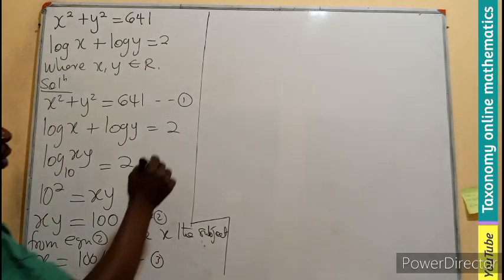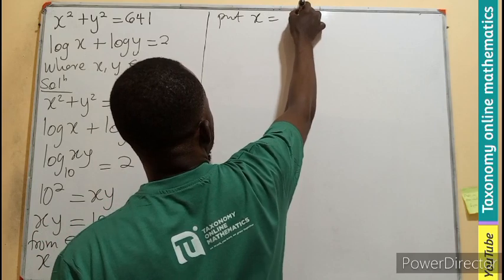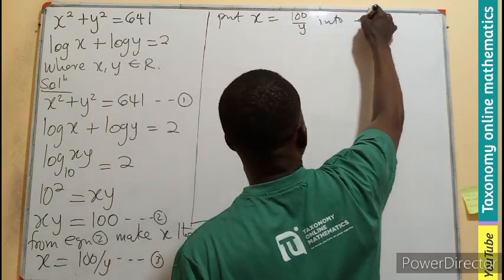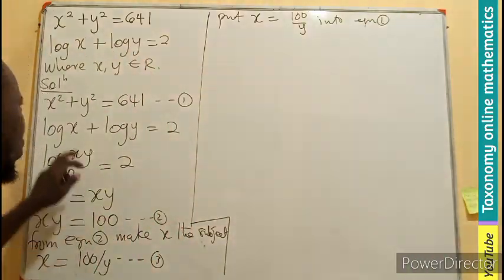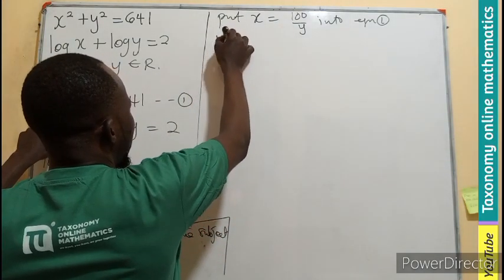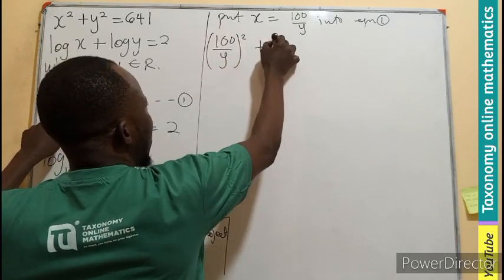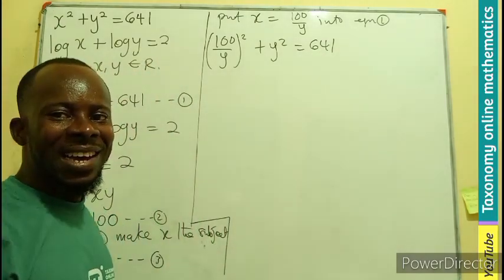So from here, we put x equals 100 over y into our equation 1, the original question, the first equation, which is going to be this. So wherever I see x, I introduce 100 over y. So we are going to have 100 over y all squared, plus y squared, equals 641, right?